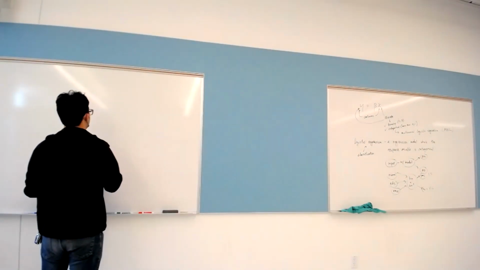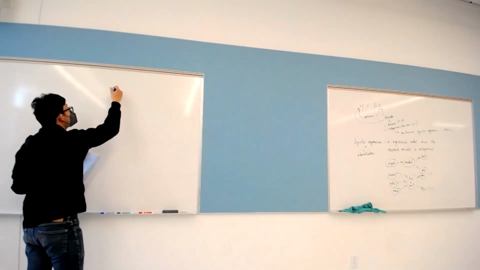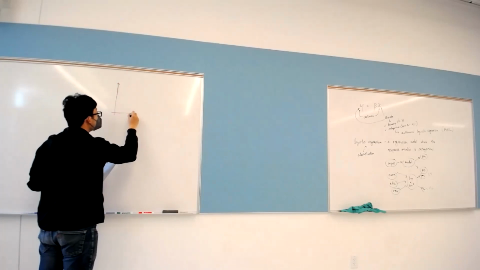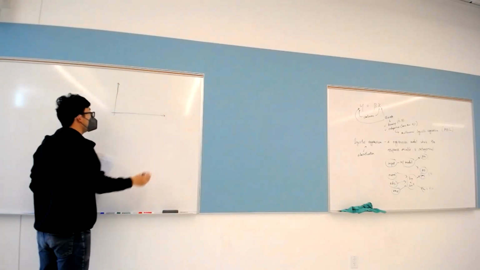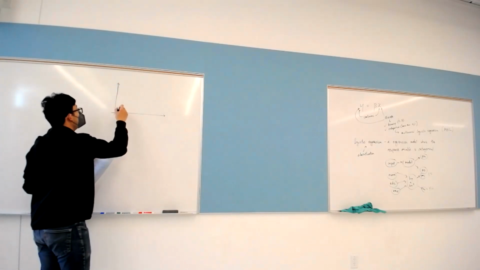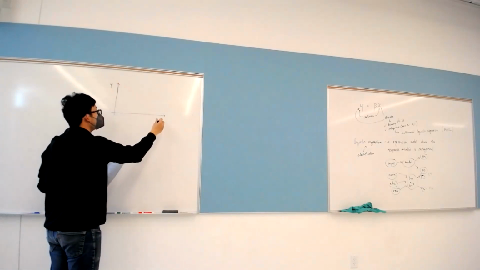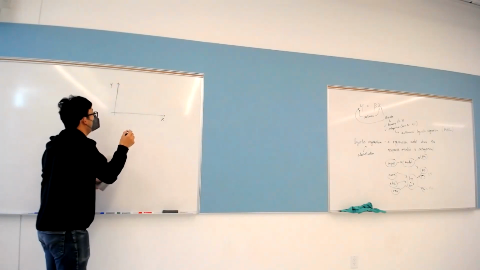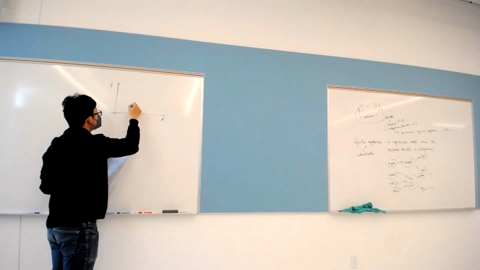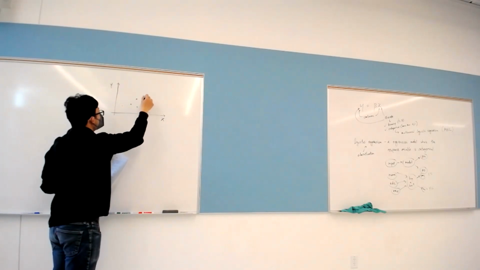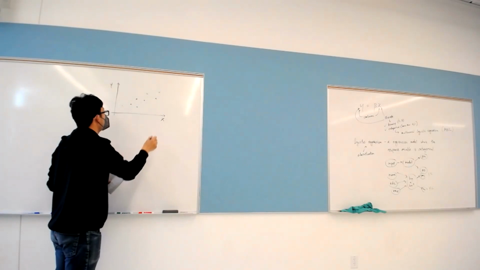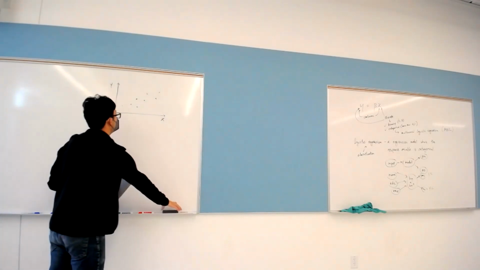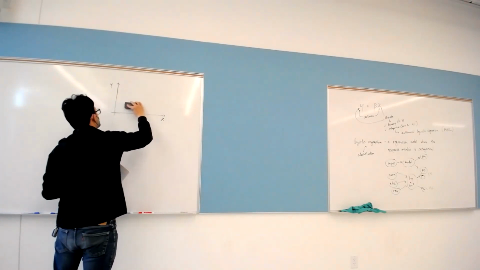So in a linear regression, I have my Y here and my X here. And I have a bunch of points, and so on and so forth. And I draw a line. Great, we've talked about this. We should know how this works.